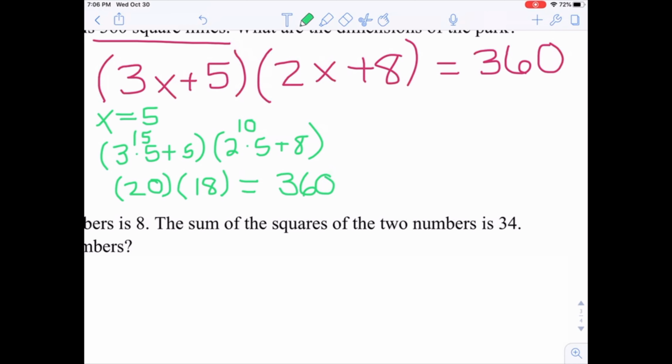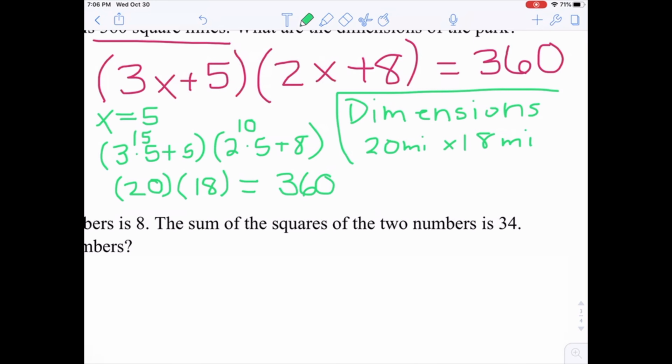So, our dimensions: 20 miles by 18 miles. And there's our answer.